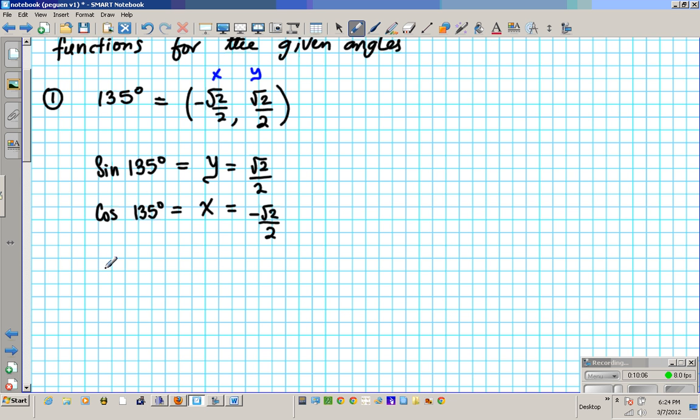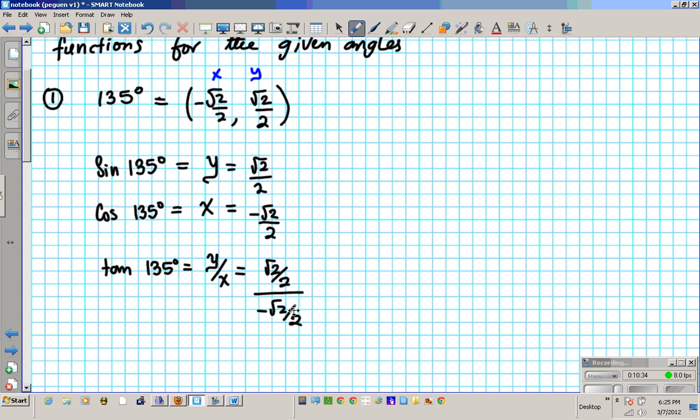The next one we need is tan, the tangent of 135. By definition, using the unit circle, tan is the y-coordinate divided by the x-coordinate, or the slope from the origin. Okay? So to do this, we're just going to divide y, which is root 2 over 2, by negative root 2 over 2. Right? Y over x.